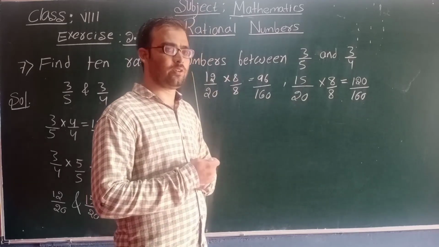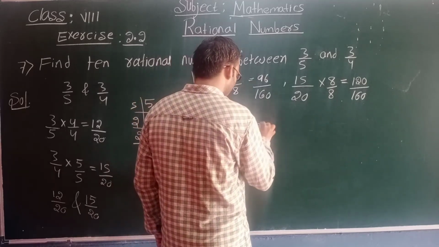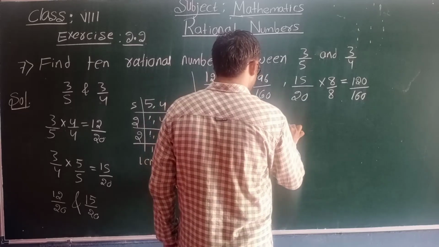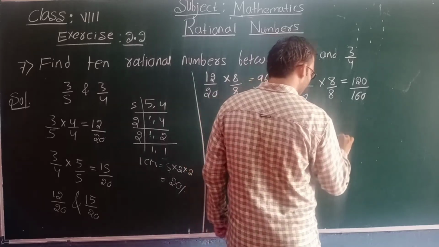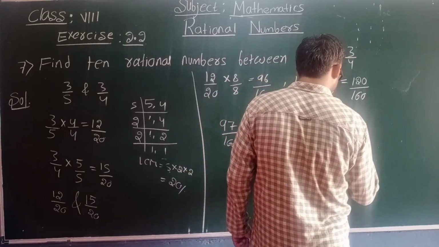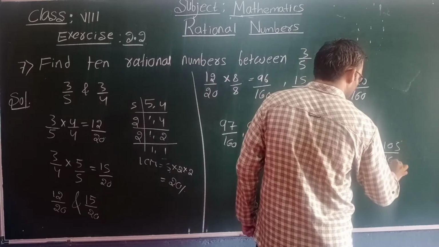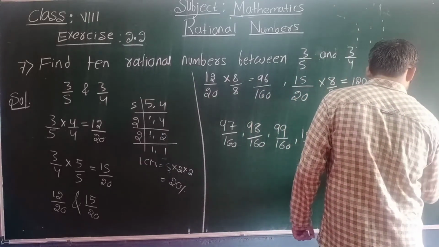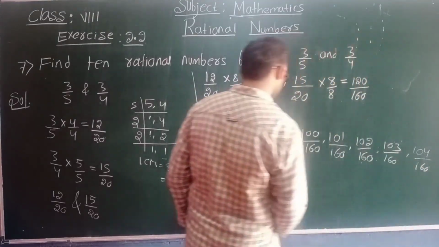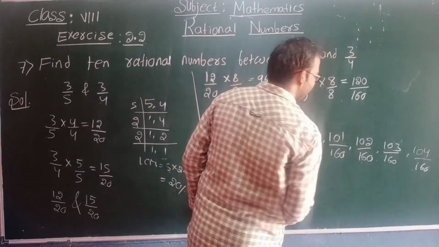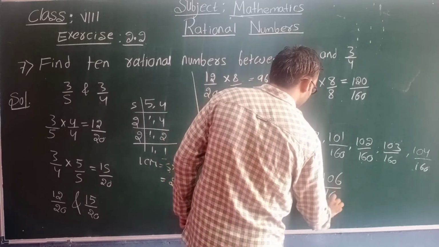So now we can write 10 numbers easily, no? That is 97 by 160, 98 by 160, 99 by 160, 100 by 160, 101 by 160, next 102 by 160, 103 by 160, 104 by 160, next here 1, 2, 3, 4, 5, 6, 7, 8 and two more numbers, that is 105 by 160 and 106 by 160.